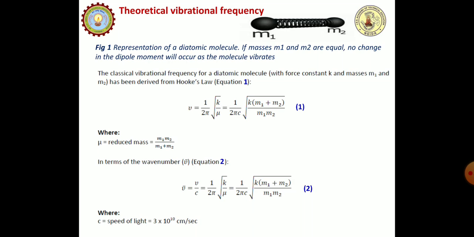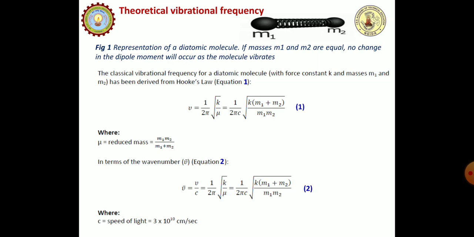Due to that absorption, it will give an infrared spectrum. Using that infrared spectrum, we get the functional groups present in the sample. In the infrared spectrum, we get the vibrational frequency.